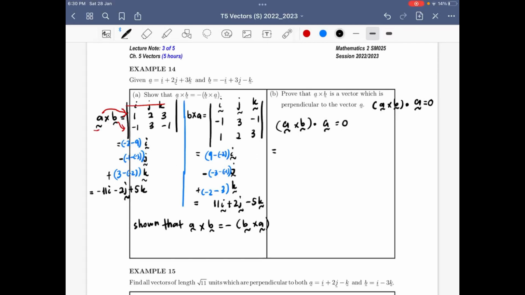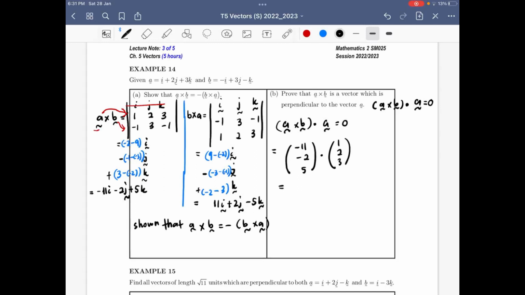So we try to find out. Vector A cross B is equal to what? We get A cross B and not B cross A. A cross B is equal to, we put it in a matrix form, -11, -2, and then 5, dot with vector A. Vector A is 1, 2, and 3.